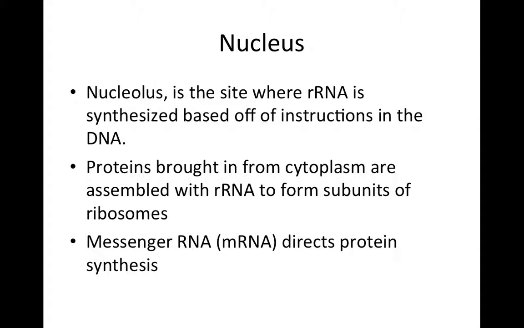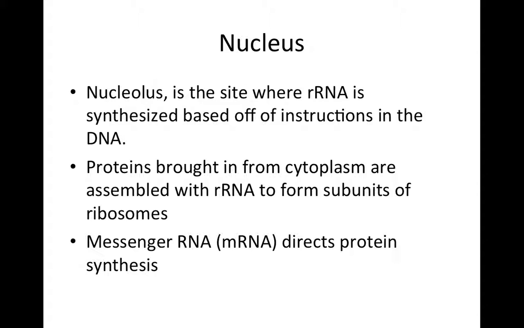The nucleolus is a site within the nucleus where the ribosomal RNA is synthesized based off of instructions in the DNA. These proteins are brought in from the cytoplasm, are assembled with the ribosomal RNA, and they form the subunits of the ribosomes. Okay?